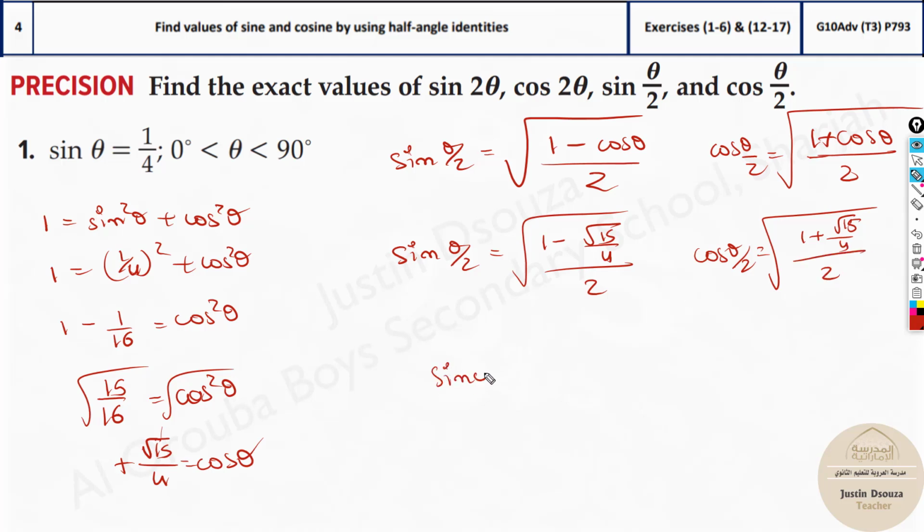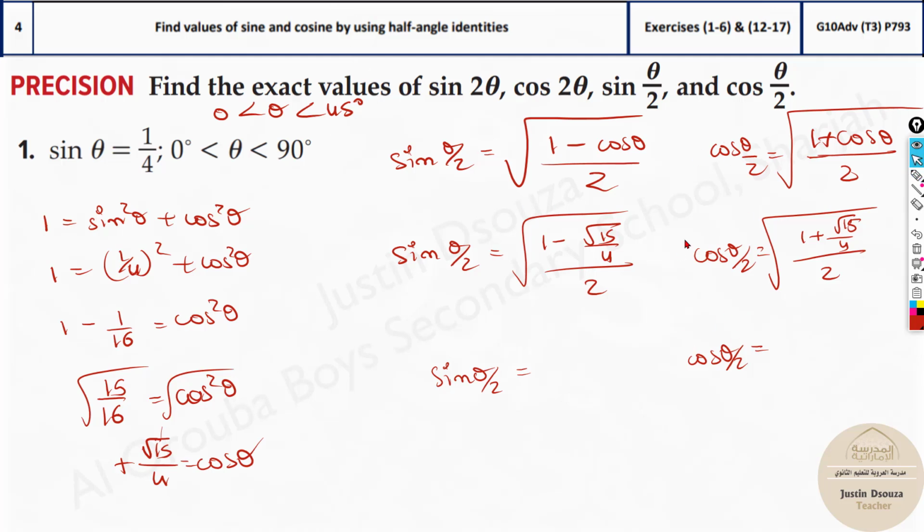So put it in the calculator and you will get the answer. But now, what is the theta condition? For half angle, theta is greater than 0 but less than 45 degrees. That's the first quadrant, so there is no problem at all in this.